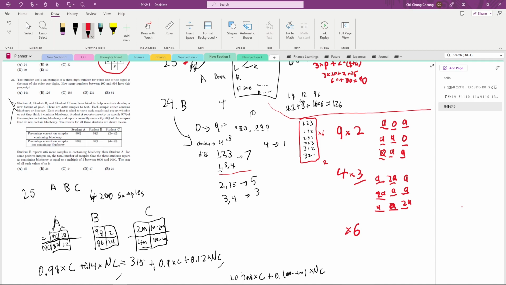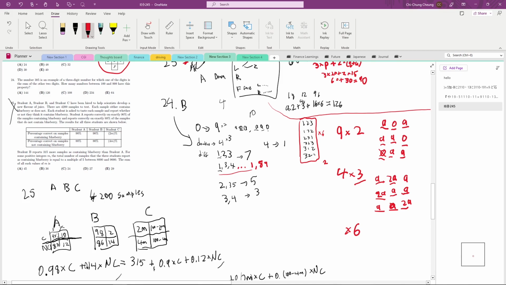So if the smallest digit is 1, you can do 1 and then 2 and 3, or 3 and 4. Like the difference has to be 1. And then you can go up to 1 and 8 and 9. So what's the second smallest digit?